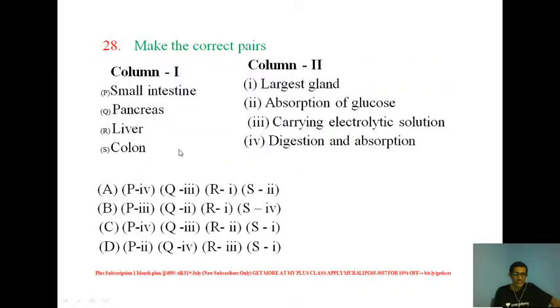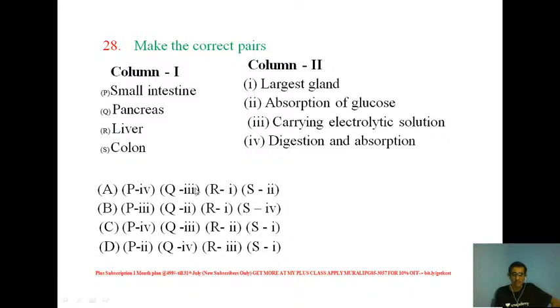Next, 28, match the following. Make the correct pair. So for 28, the answer is A: small intestine, digestion and absorption, right? Pancreas, carrying electrolytic solution.